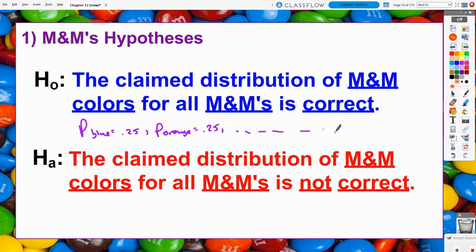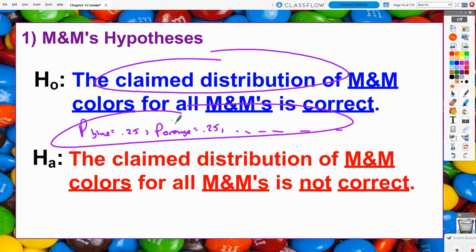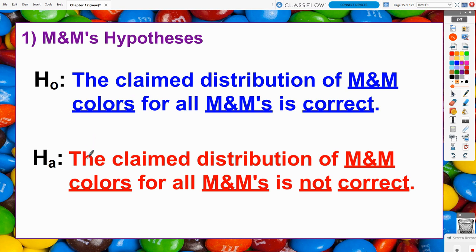Now, I can write all those out, or at some point, I have to be told what these numbers are, so I can just refer to them as the claimed distribution. Now, alternatively, the claimed distribution of M&M colors for all plain M&Ms is not correct. Or again, we could say that at least one of those colors does not follow its claimed distribution.